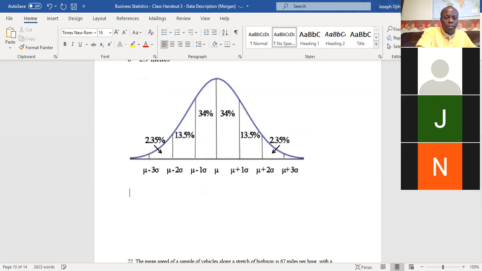So you write 64.2 inches for the mean. Now we have to get the answers for this side and for this side. This side says mean minus 1 standard deviation.